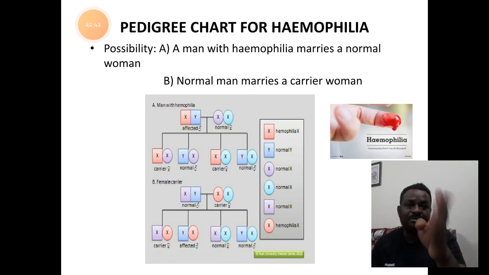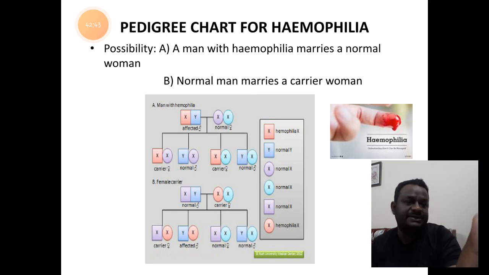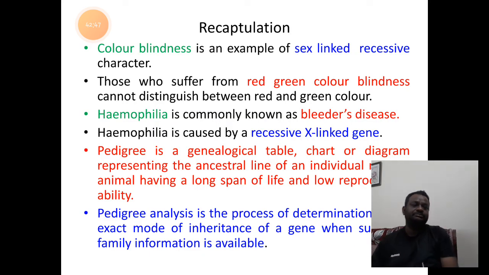The same crisscross pattern of inheritance is seen if you closely observe this slide. With this we are completing the pedigree chart that shows the pattern of inheritance related to X-linked recessive traits, especially of color blindness and hemophilia.